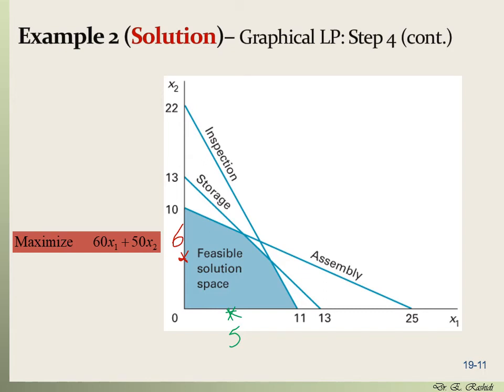The profit for this would be 60 multiplied by 0 plus 50 multiplied by 6, which is equal to 300. So the profit would be the same. Now if I connect these two points together, this is the ISO profit line, and for each point on this line, the profit is going to be 300.